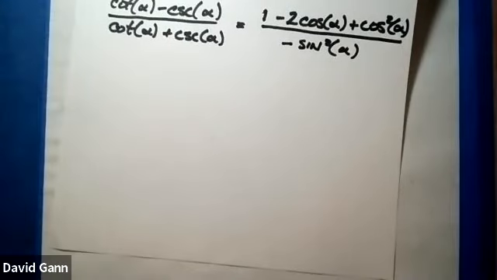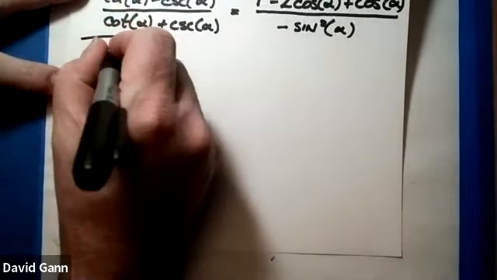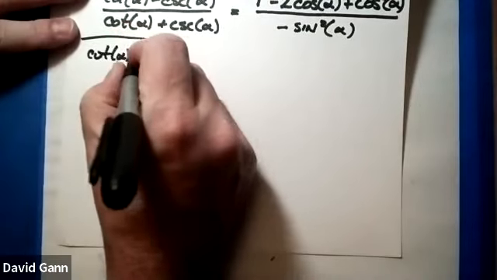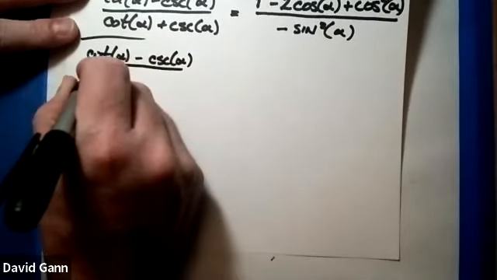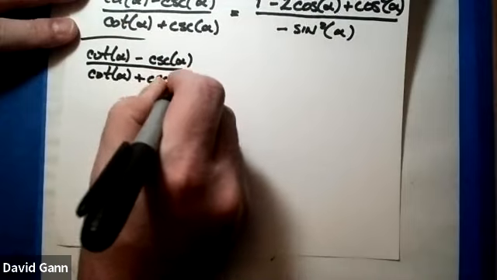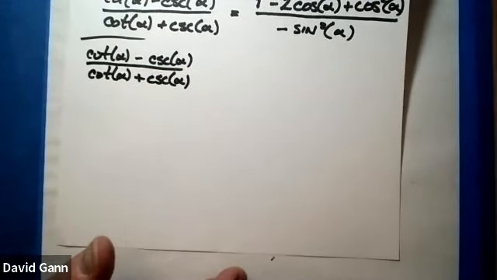But what you're going to find is that you get to a point where you don't really know what to do anymore. Okay, so let's start with the left-hand side. Cotangent of alpha minus cosecant of alpha all over cotangent of alpha plus cosecant of alpha. Okay, now the first thing I'm going to do is use quotient and reciprocal identities to turn this all into sines and cosines.